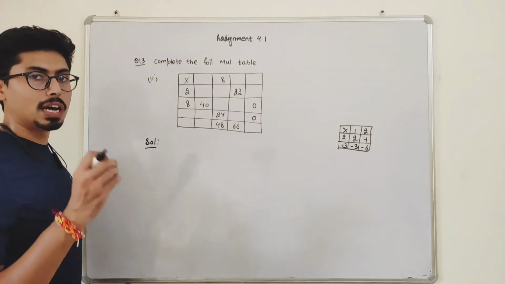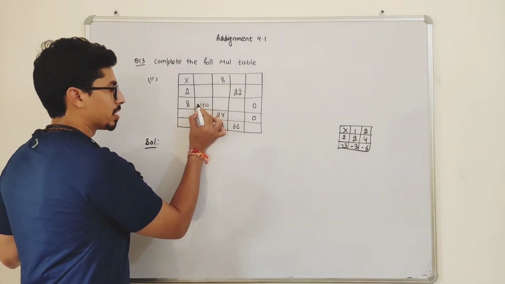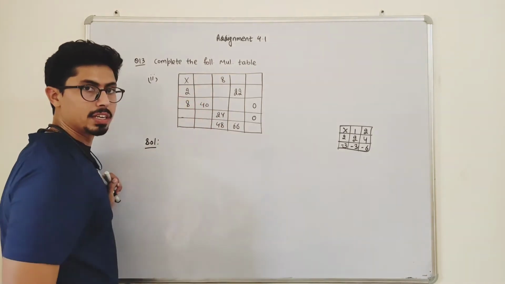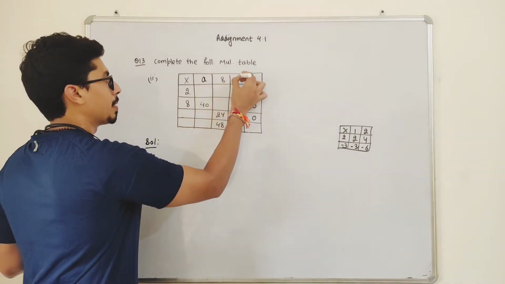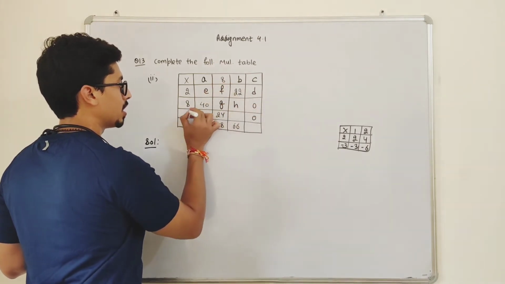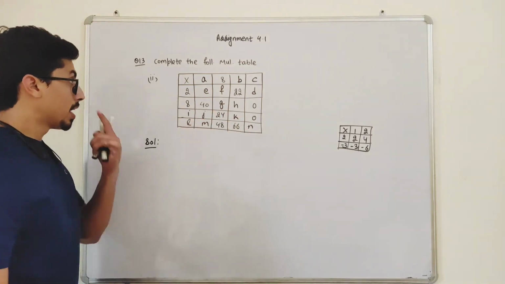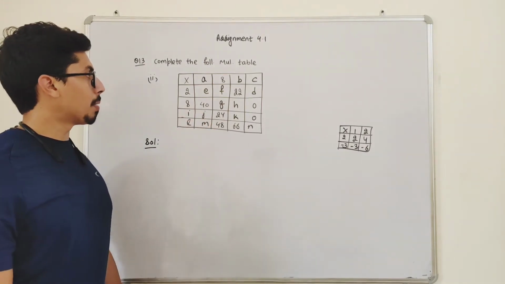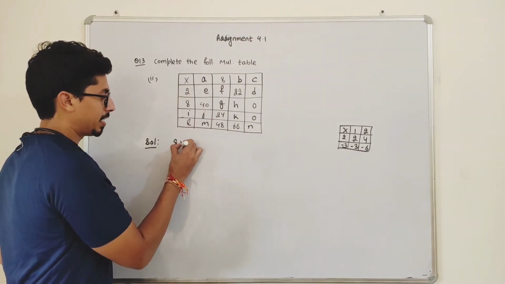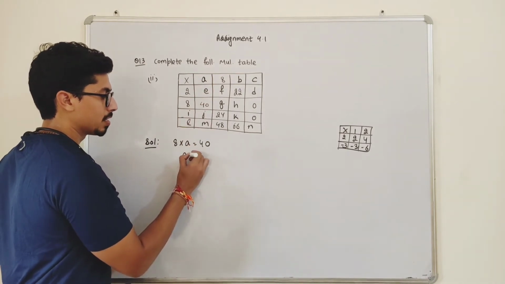So this is the example of a multiplication table. Similarly, students, I have to find out the blank places. See, if I take this 40, so 8 into how much will be 40? Let the blanks be A, B, C, D, E, F, G, H, I, J, K, L, M and N. I have to find out the value of these from A to N. If 8 into A is 40, so the value of A is 5.